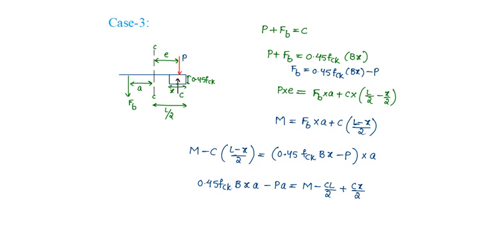Taking X to the other side, 0.45 FCK B into (A minus C by 2) whole, into X will be equal to M plus PA minus CL by 2. Substituting the value of C, that is equal to 0.45 FCK B into X, in this equation, that is M plus PA minus C into L by 2.